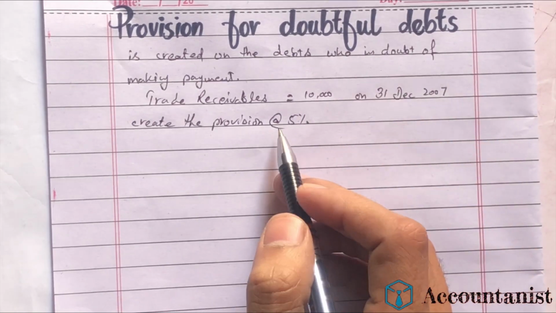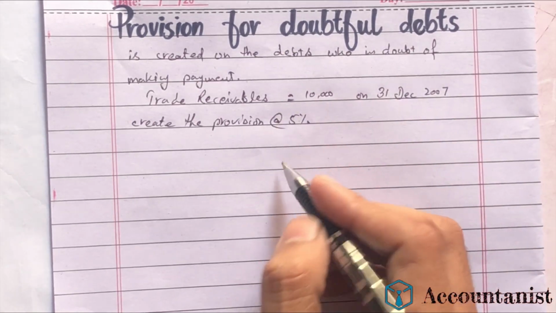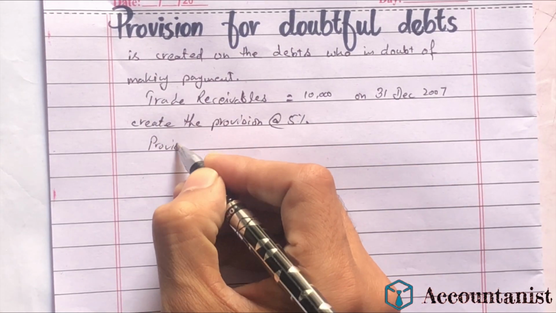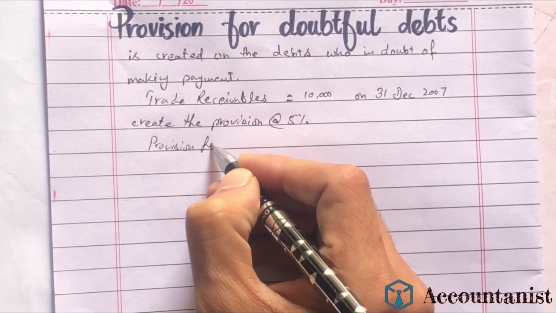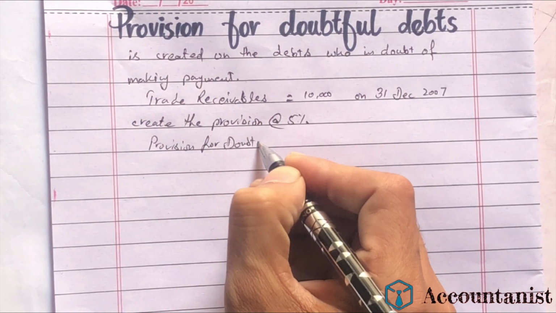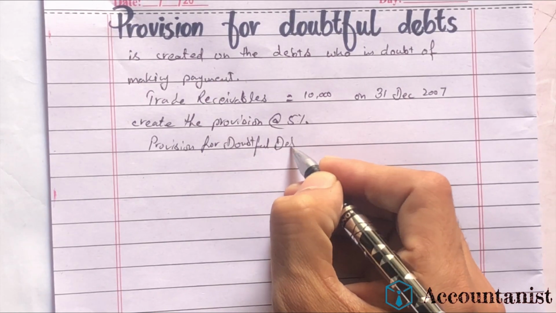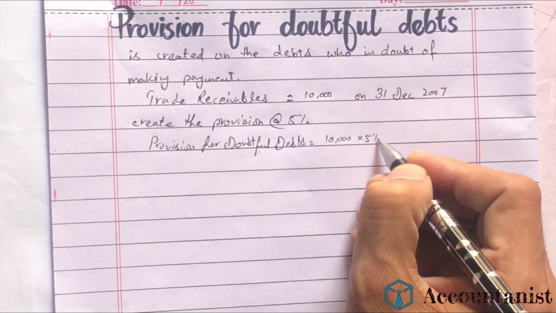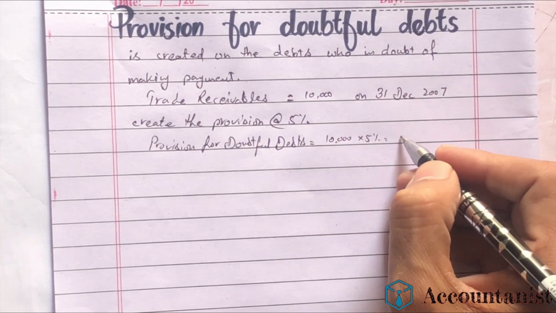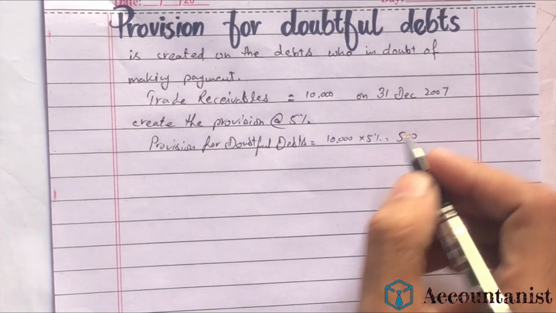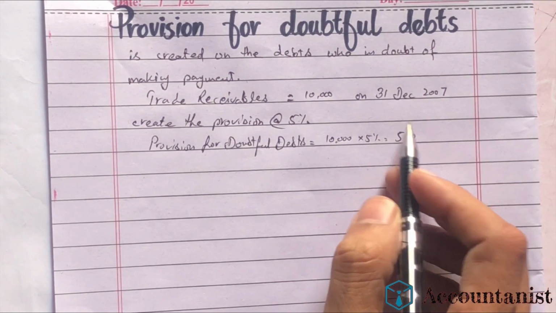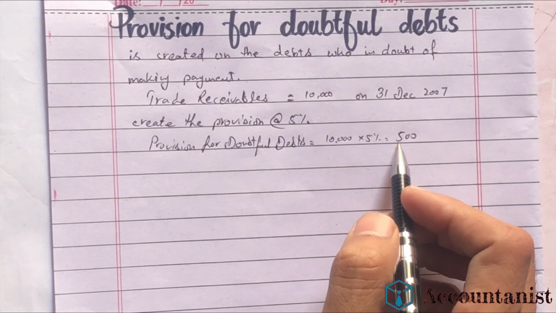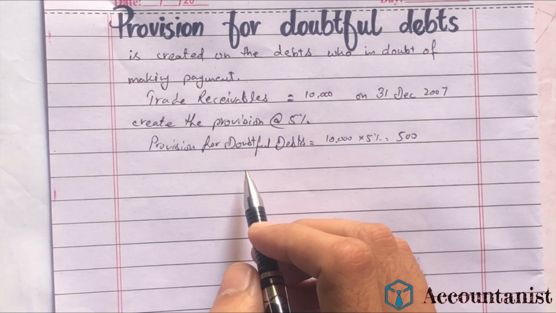So we are going to create this provision by multiplying by this number. The provision for doubtful debts will be 10,000 into 5%, that will give us the amount of 500. So that will be the provision figure, because we do not have any provision in previous years in this scenario. So this will go straight away to the income statement as an expense.